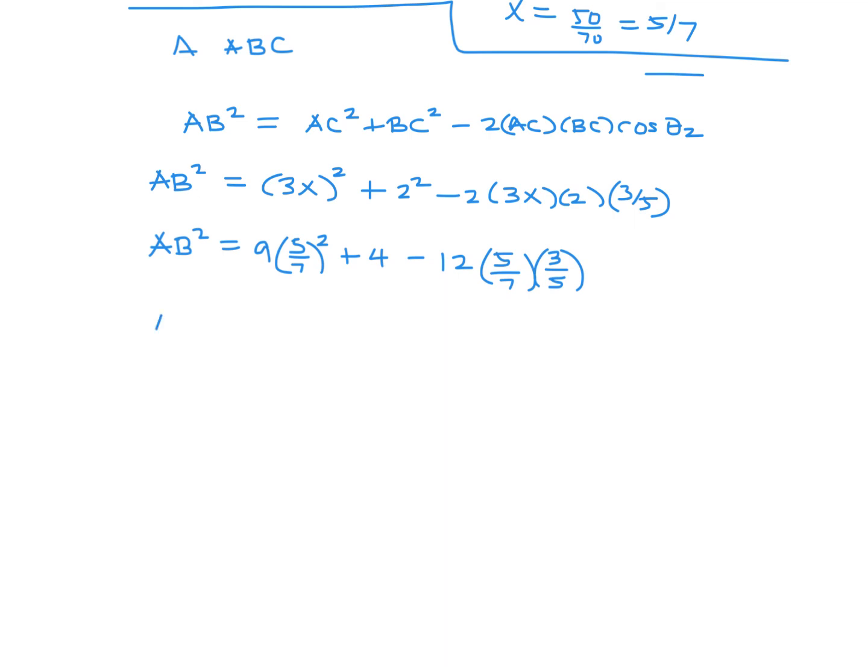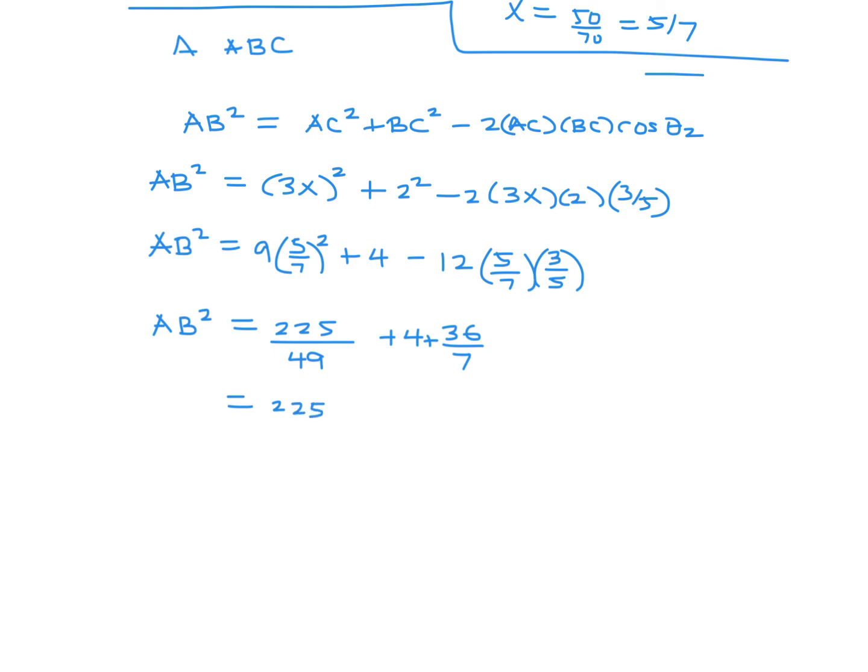Okay, moving right along. AB squared is going to be 25 times 9, which is 225 over 49, plus 4, and then minus 36 over 7. Don't forget the sign.